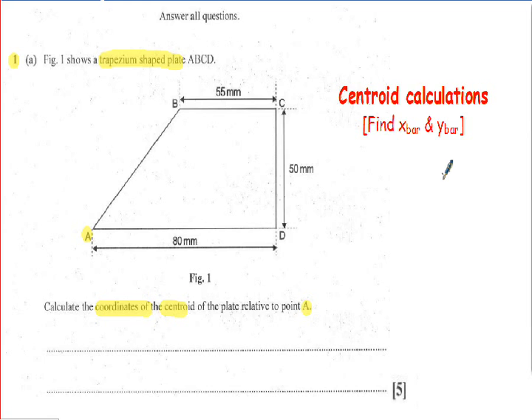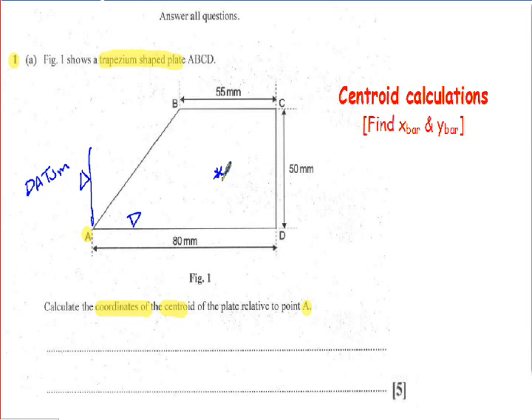Okay, so if you go back to what we did in the lesson, we would have had a datum. Their datum is going to be here, and the datum will be here. All right, this will be their datum positions, and we've got to calculate the location of the centroid, which will be somewhere over here, somewhere like that.